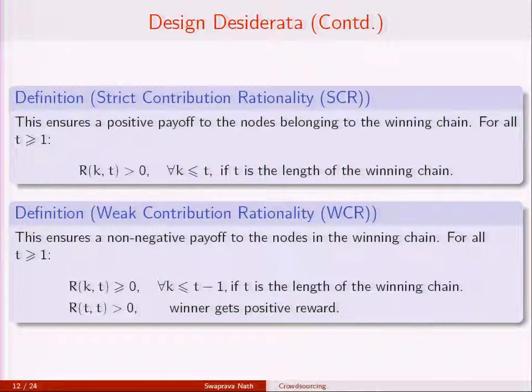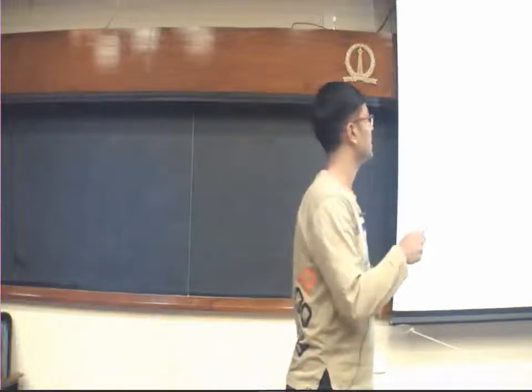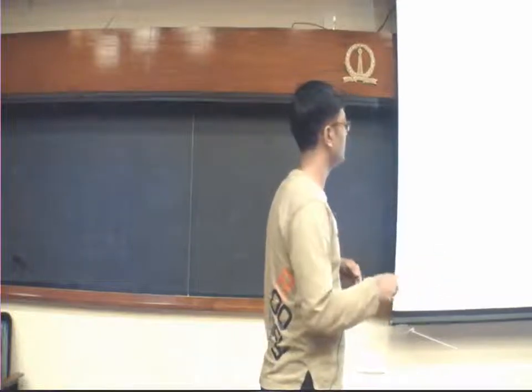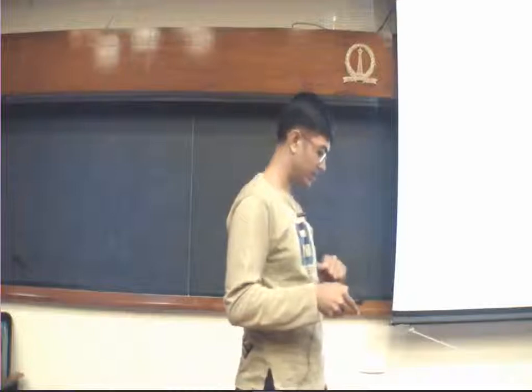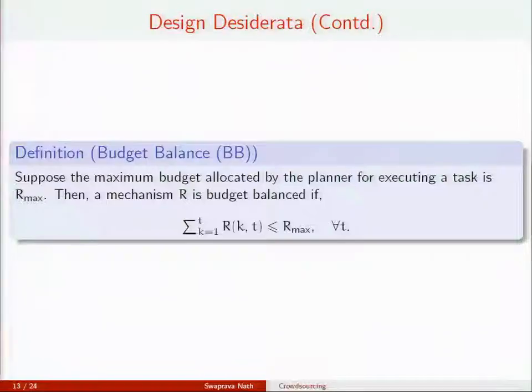Why should I participate in this game if I don't get any positive reward? So this strict contribution rationality says that your reward should always be positive, and you can weaken it by saying that the rewards are non-negative, where you allow people to get 0 rewards as well. Also, you should not be spilling over the budget too much.